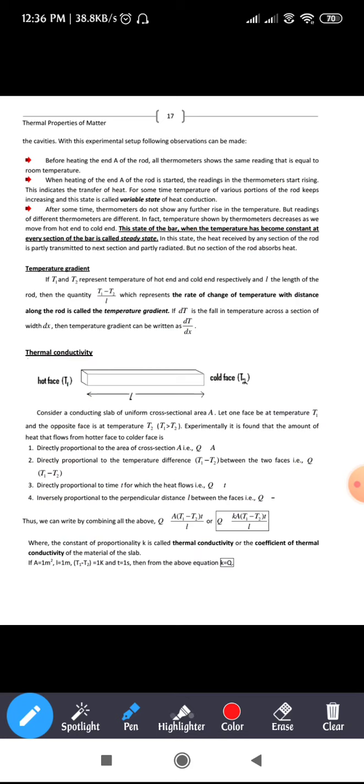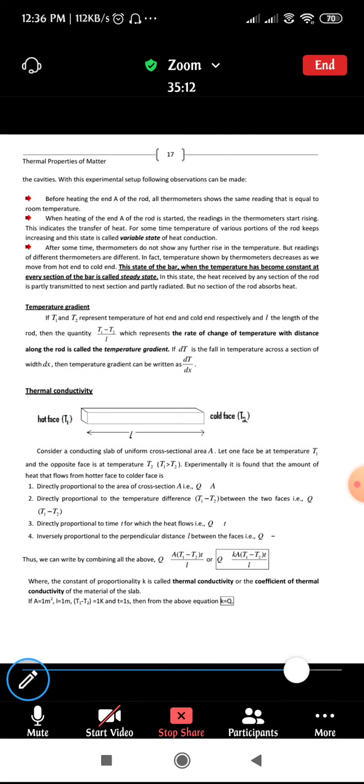Do one thing, go through the temperature gradient, then go through thermal conductivity, all the points and the mathematical equation. In case you have any doubts, please let me know. Just go through once.